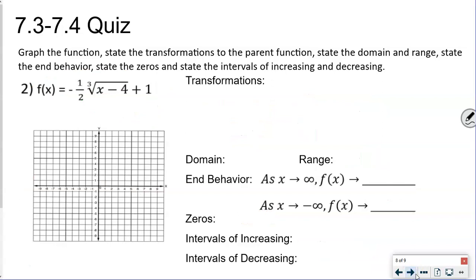So this one's a cube root. So once again, we need to talk about what everything is. So what is this? Now that one's on the outside, so this is a reflection over the x-axis. Then we want to talk about this.